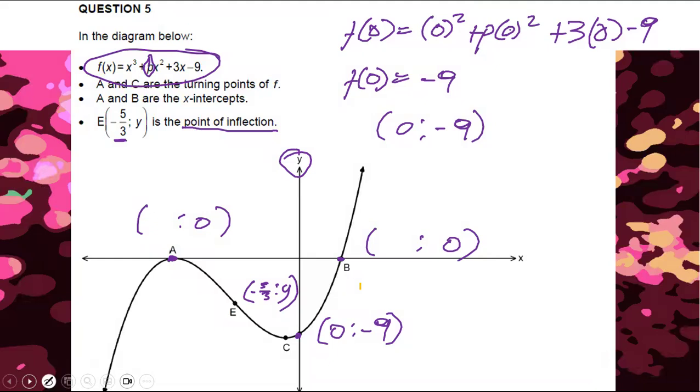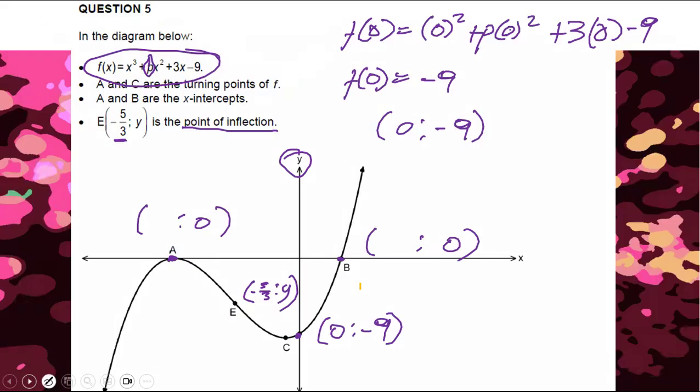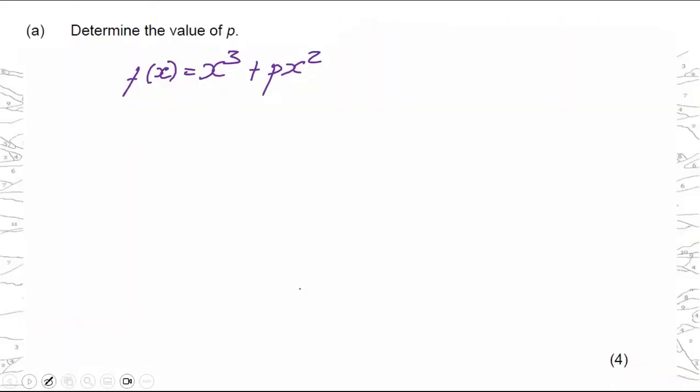So what I'm going to do is take the original function, which is f of x equals x cubed plus px squared plus 3x minus 9. I am going to find the first derivative.